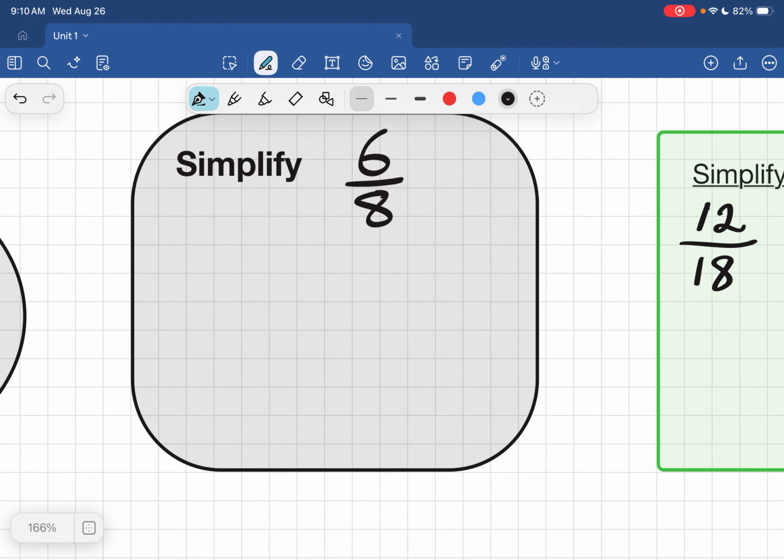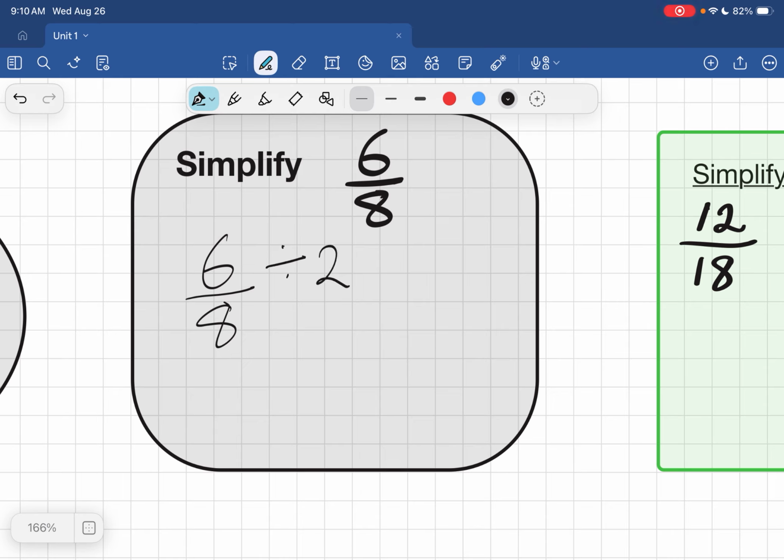We can also go in the other direction. We can take a fraction and simplify it. Simplifying means writing the fraction in its simplest form without changing its value. 6/8.